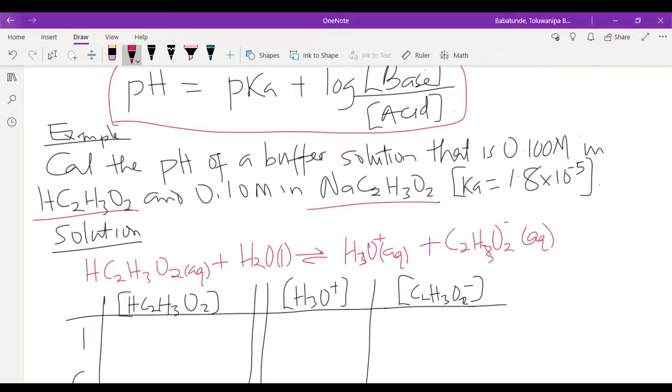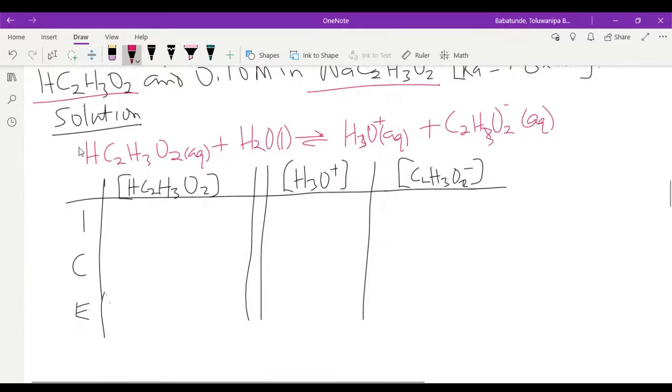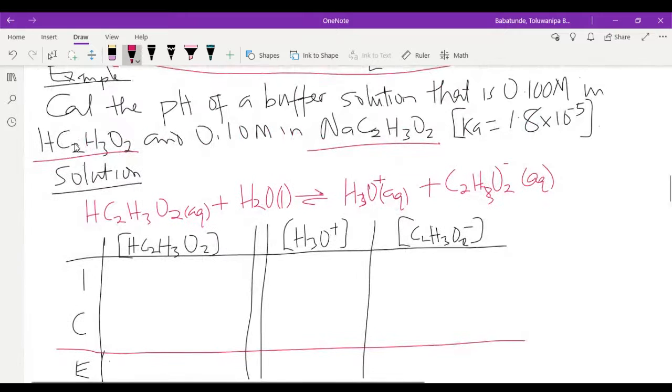The next thing is to prepare the ICE table, which has our initial, change, and equilibrium values. Initially, for the acetic acid, it is 0.1 molar. For the hydronium ion, we have 0.